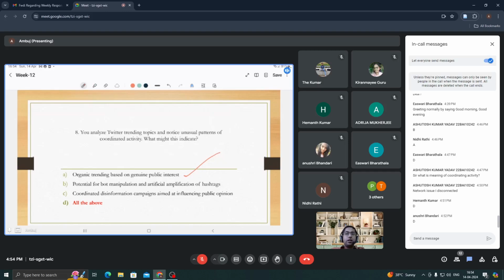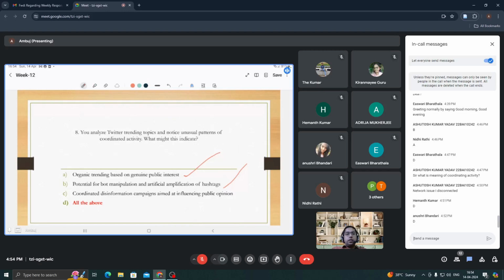Then option B was regarding potential for bot manipulation and artificial amplification of hashtags. Yes, it's a possibility that bot manipulation takes place. We have to take all the possibilities one by one. Bot manipulation is a particular possibility. We cannot deny that, because bots try to artificially inflate the popularity of a particular topic.